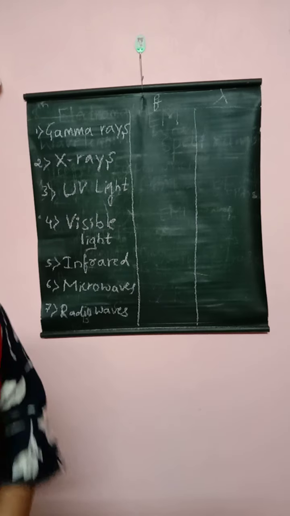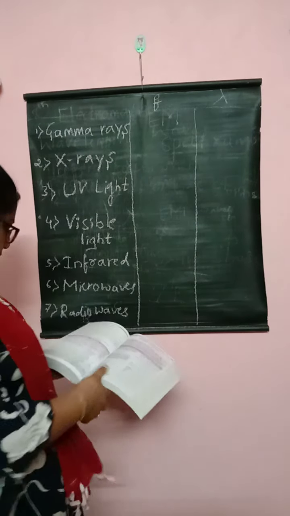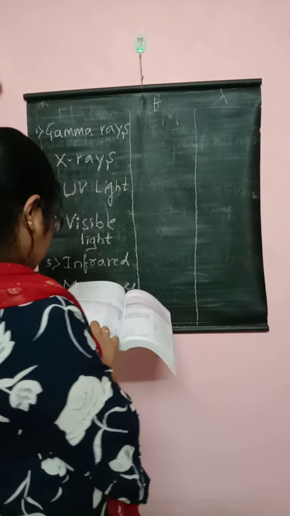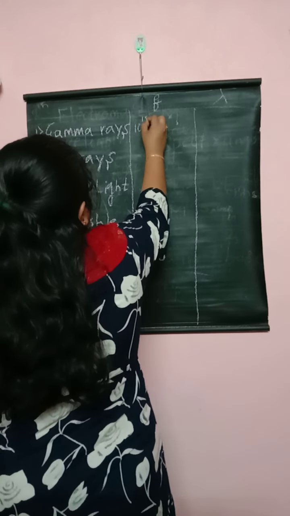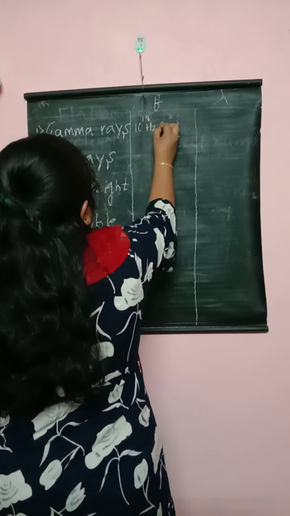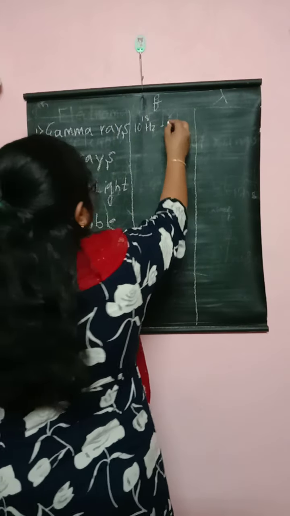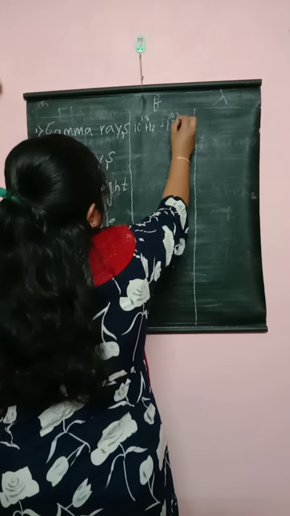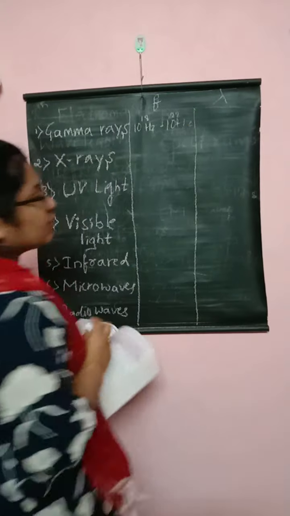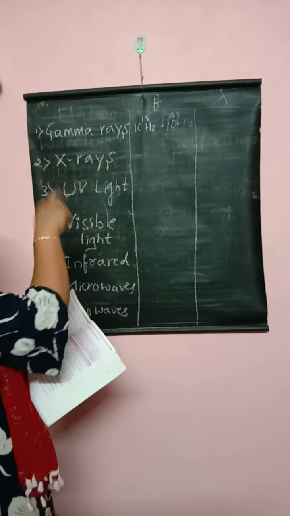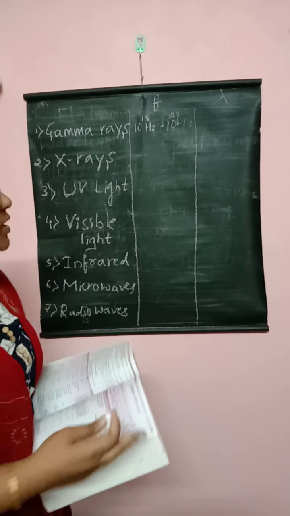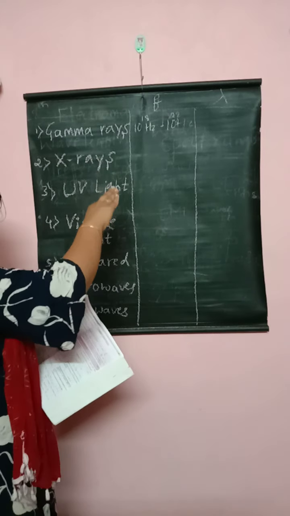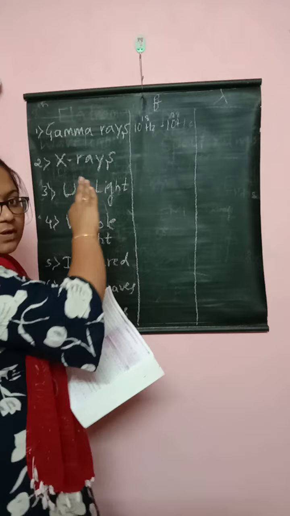Okay, so gamma rays have the frequency 10 raised to 18 hertz to 10 raised to 22 hertz. You go on writing this table with me. In your book, start writing this table. I will show you the electromagnetic spectrum later on. Just record the frequency and wavelengths of the particular waves first.